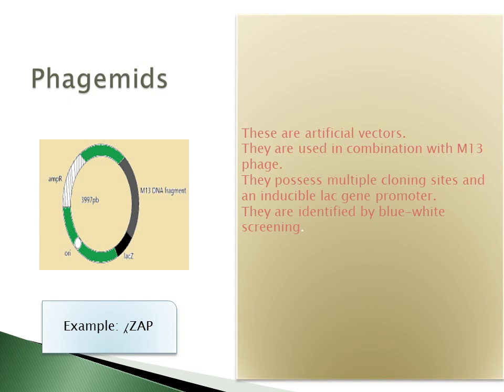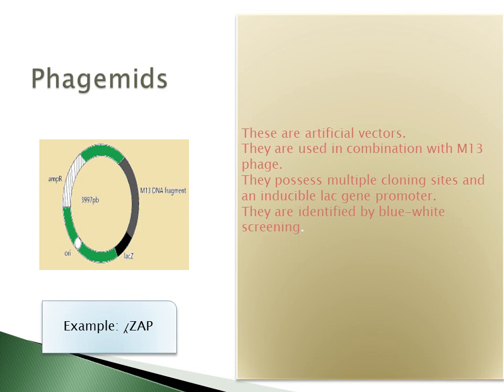So before going for cloning, we need to properly select a vector, because only because of the vector will the particular gene replication happen, and when there is a transfer of DNA from one DNA to another, the vehicle should be proper so that the replication and expression of the gene will happen.